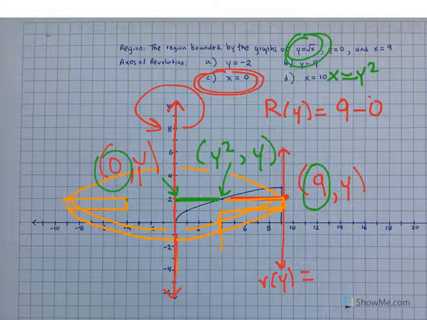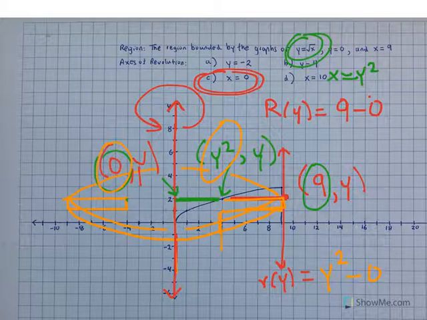And the length of this horizontal line segment is found by subtracting the x coordinates of the two endpoints, right minus left. So we have lowercase r of y is going to be y squared minus 0, or just y squared. It is a function of y because depending on where you draw that horizontal line segment between the axis of revolution and the inside edge of each washer, it'll be different lengths depending on where that is drawn.